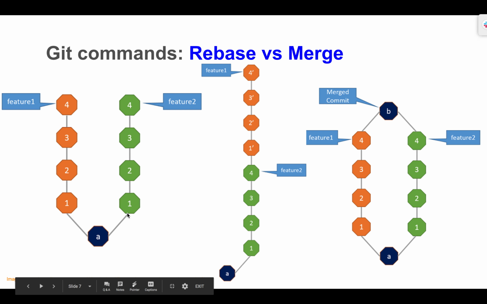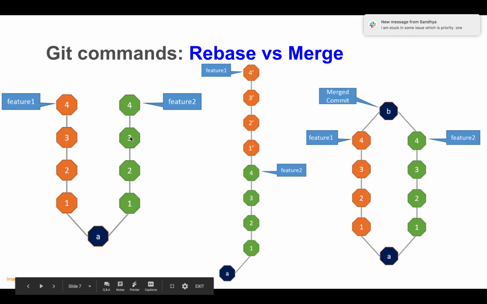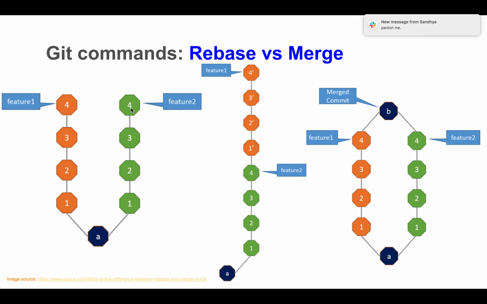Feature one branch did some commits, and feature two branch also did some commits. We can give any number of commits, but for simplicity they used 2 commits.